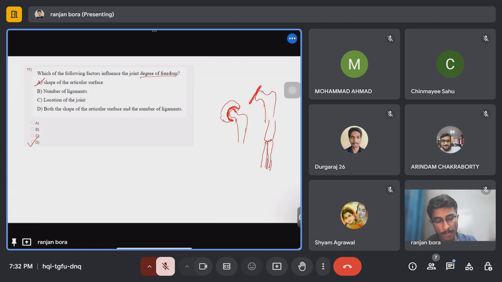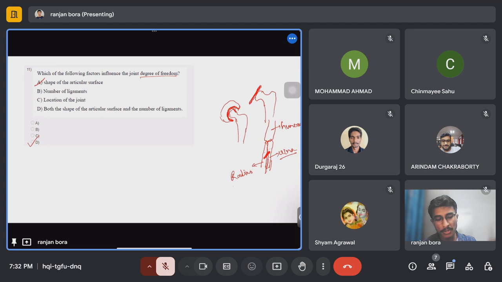Between radius and ulna there are some ligaments which hold the radius bone to the ulna bone. This is humerus, this is ulna, and this is radius. I am giving just an example. Between this radius and ulna bone there are some ligaments which hold the other bone, the ulna.